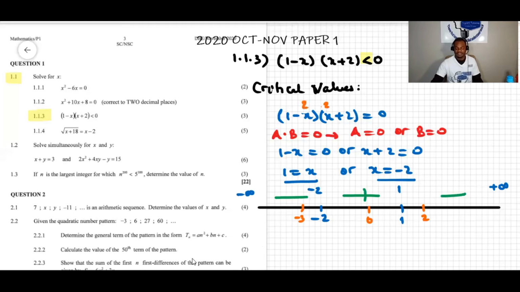So that means over this interval from 1 to positive infinity, the solution will always be negative.